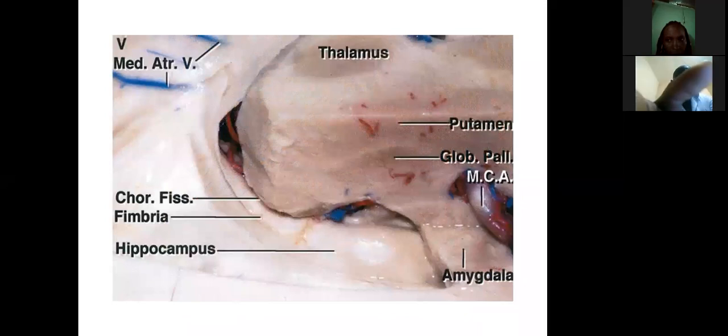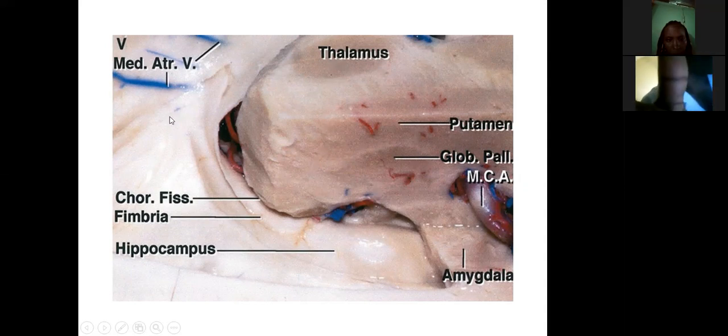So here again, we can see for the temporal horn, we have the amygdala here. Temporal horn ends just behind the amygdala. We have just medial to the temporal horn, the putamen, the globus pallidus. We have the thalamus here and the atrium just behind here. We have the hippocampus at the level of the floor of the temporal horn.